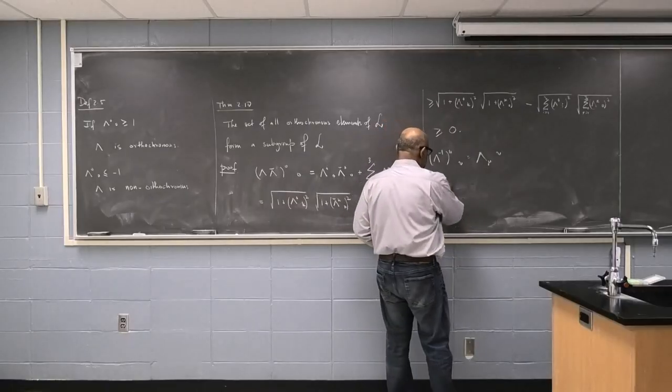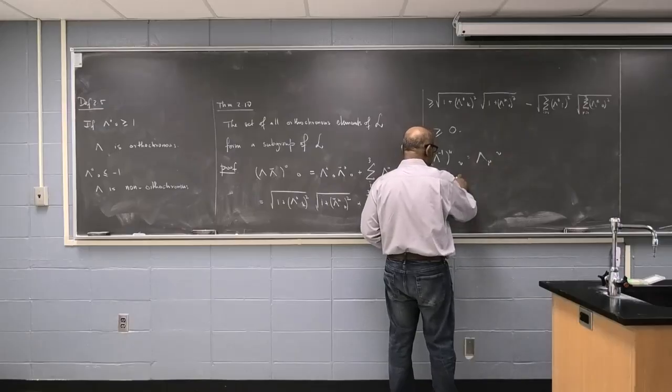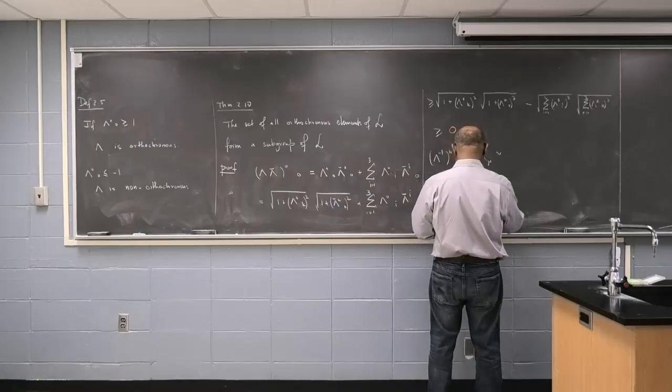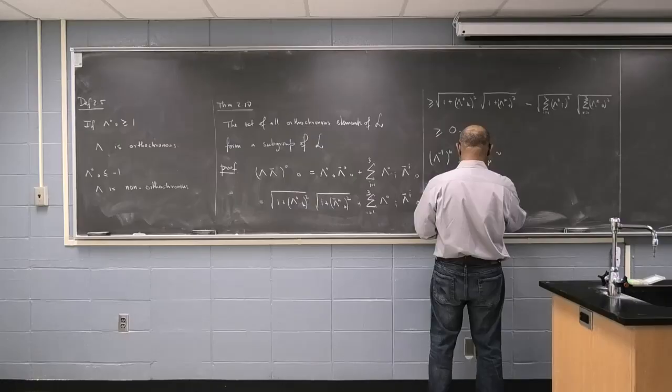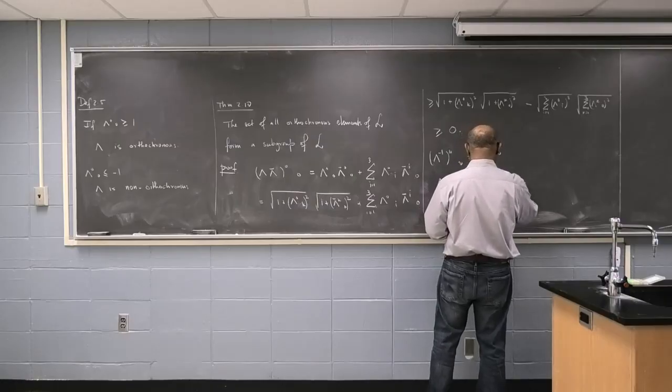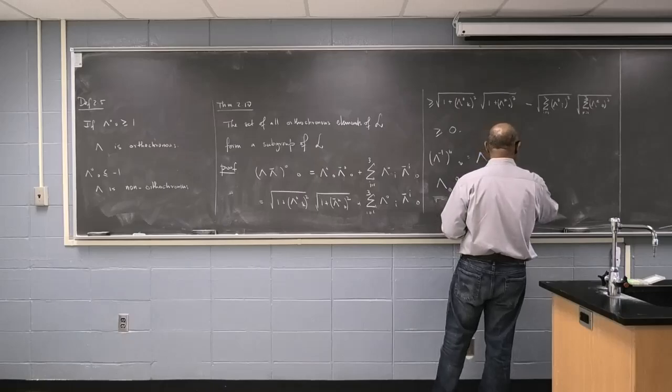So lambda, I only care about the 0, 0 element, is equal to eta 0 alpha, and then eta 0 beta lambda alpha beta.